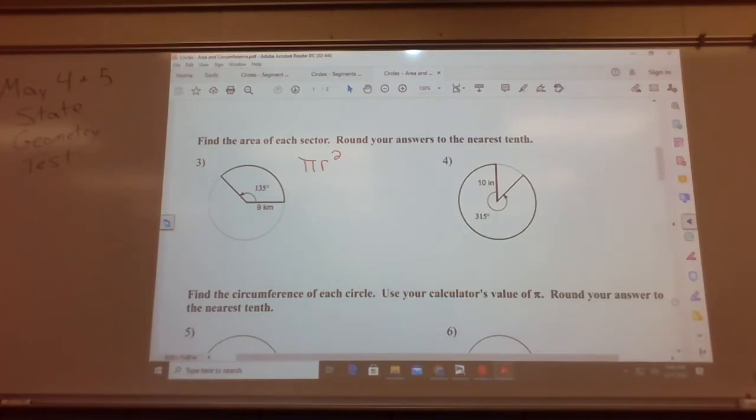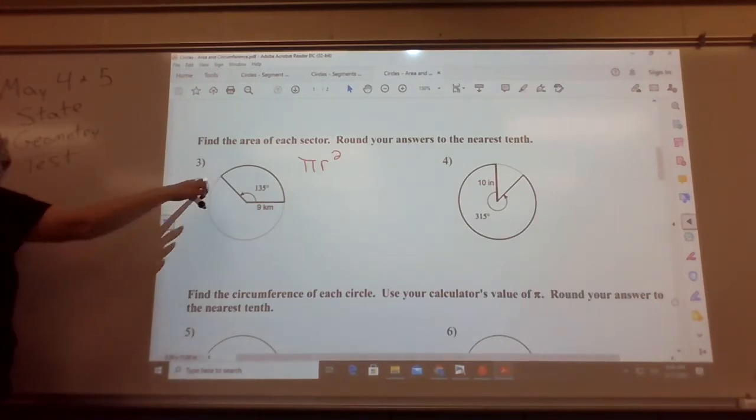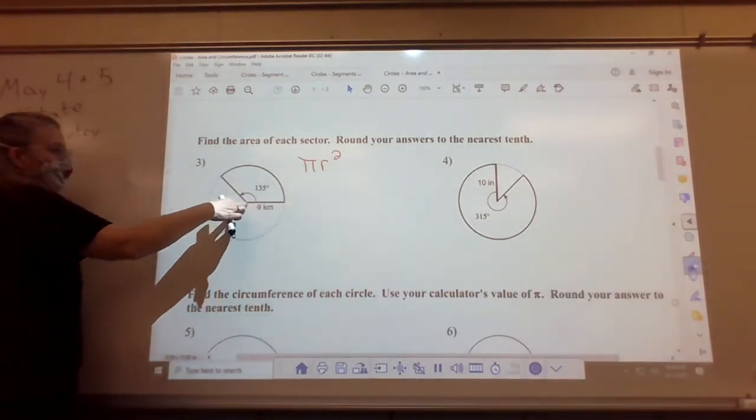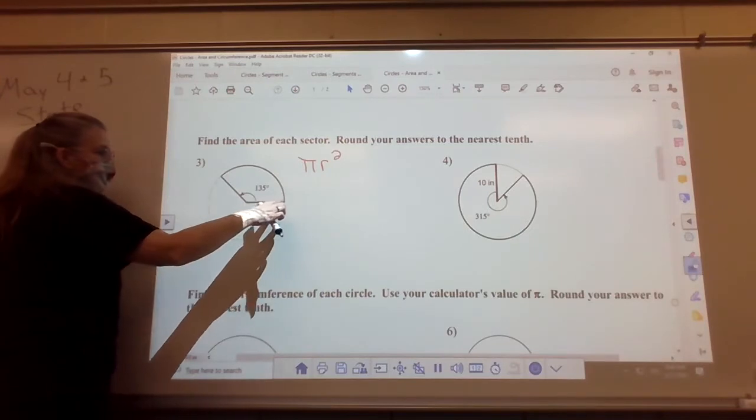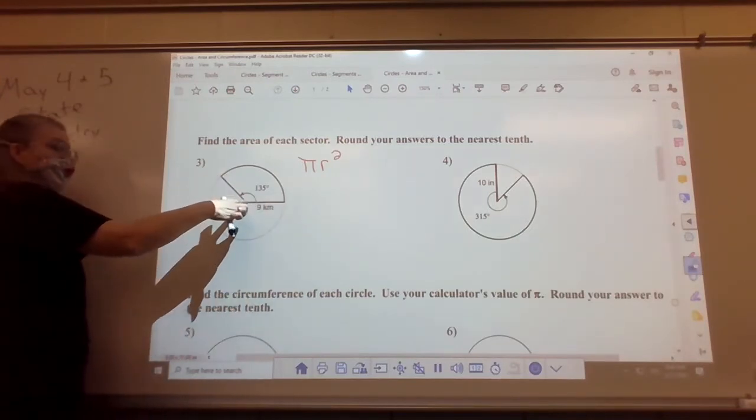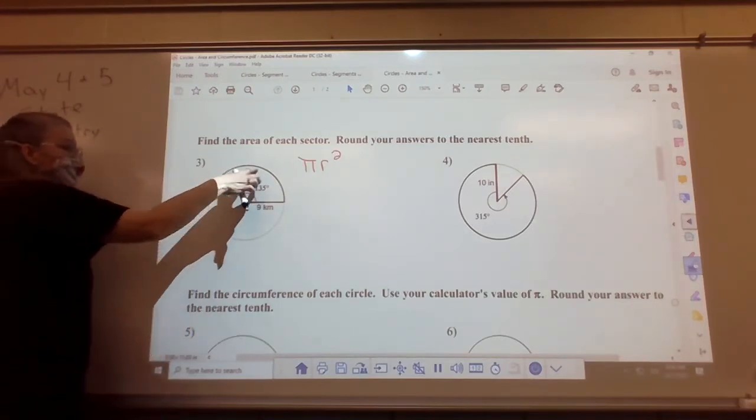Would we add another 9 to the 9 kilometers? I don't want to add another 9. It has something to do with the degree up there. Because I know this piece of the pie is 135 degrees. And it's 135 degrees out of how many degrees? 360, because the whole thing was 360.